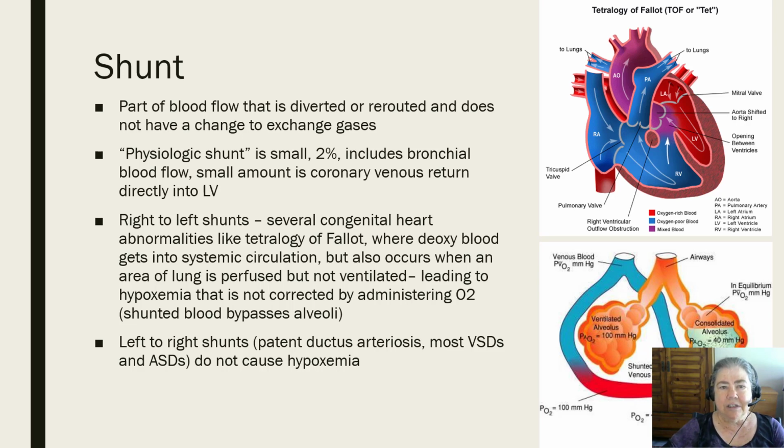There is a small, what's called physiologic shunt, that includes the blood that provides nutrition to the bronchi, so that second lung circulation, the bronchial blood flow, and then the coronary arteries, which return deoxygenated blood directly into the left ventricle.